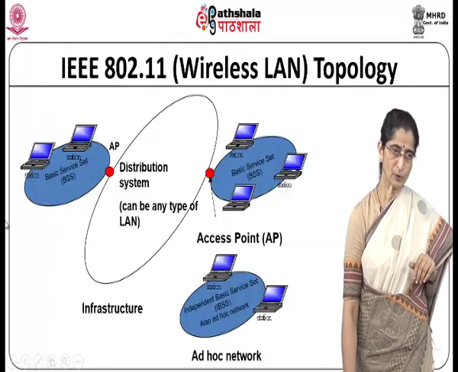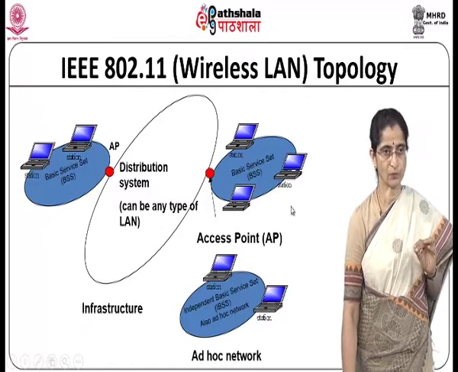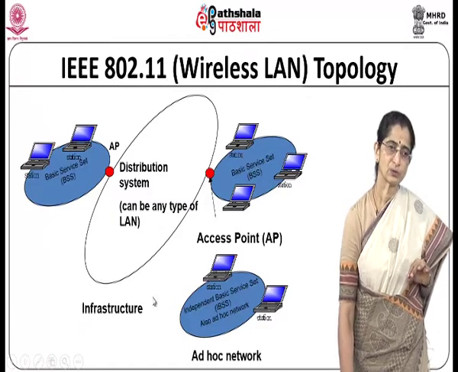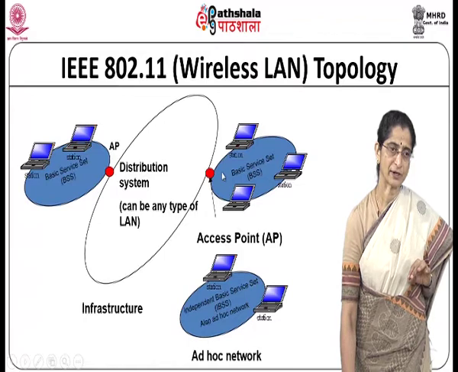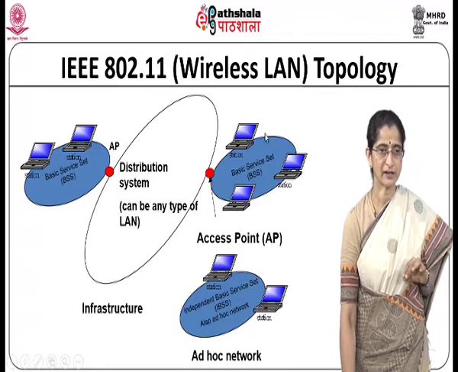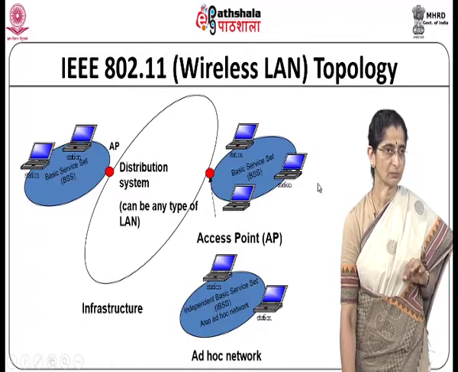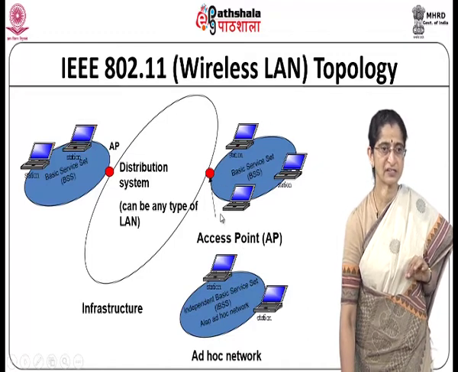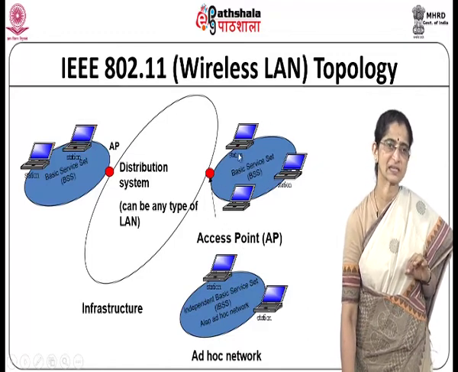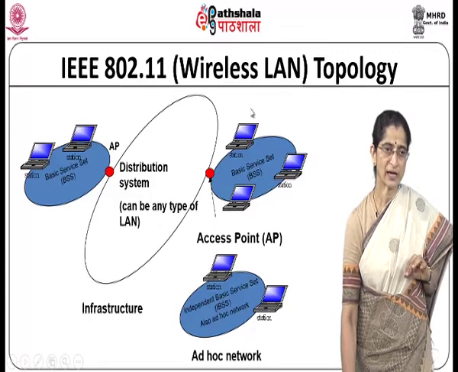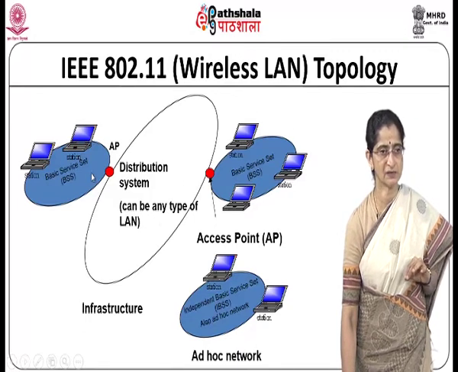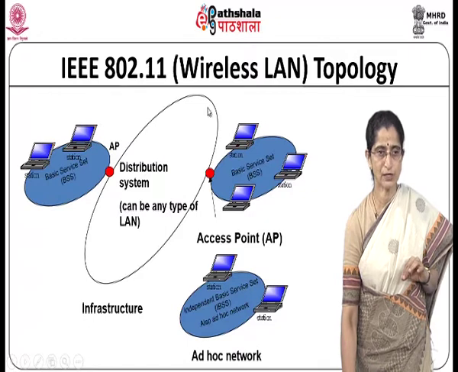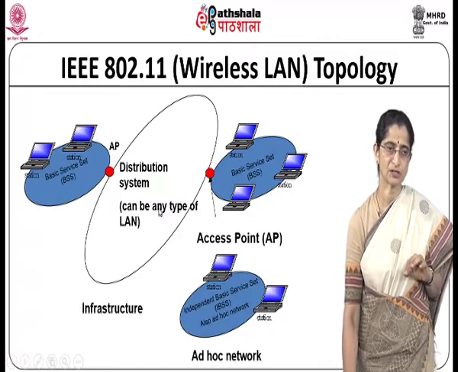If you look at the 802.11 wireless LAN topology, it basically looks like this. You have access points, and these access points are connected to various mobile stations. An access point along with the mobile stations that it connects to is referred to as the basic service set. You could have one basic service set here, another basic service set here, and these access points would be connected by means of what is called a distribution system.